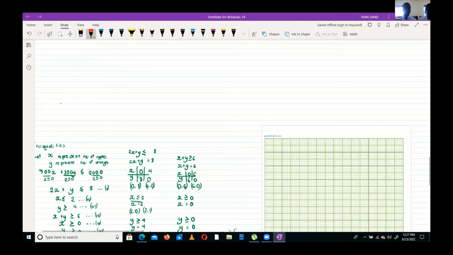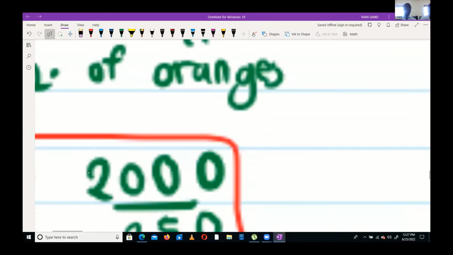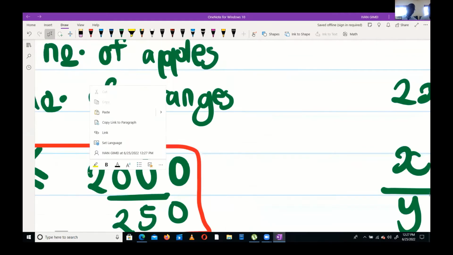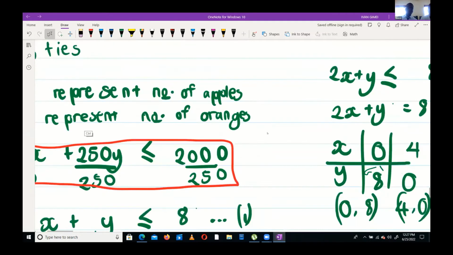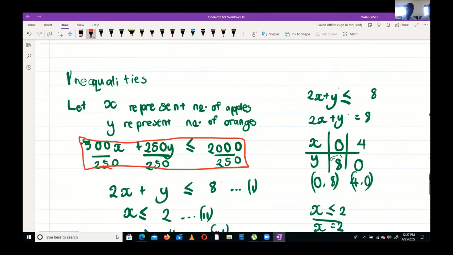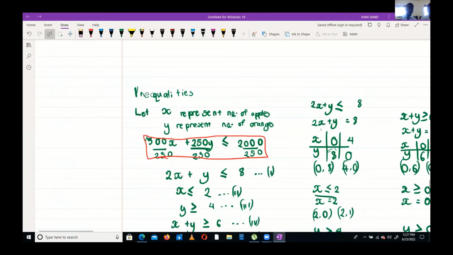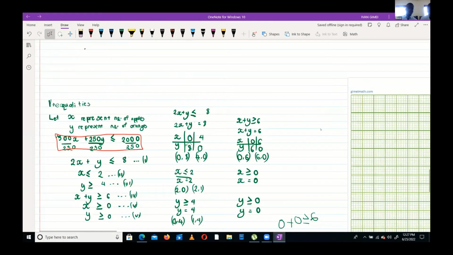Yes, that is this inequality here. So from this, we can derive our objective function as 500x plus 250y.